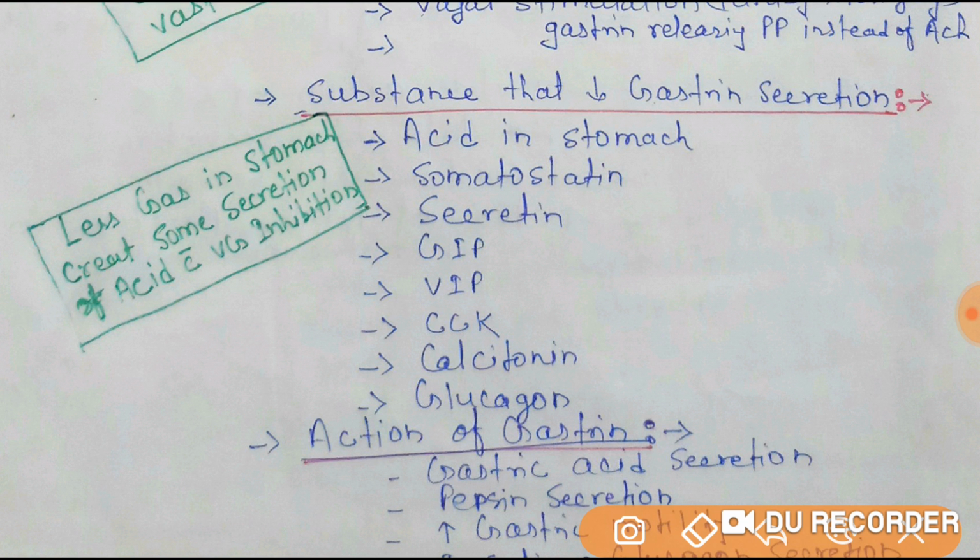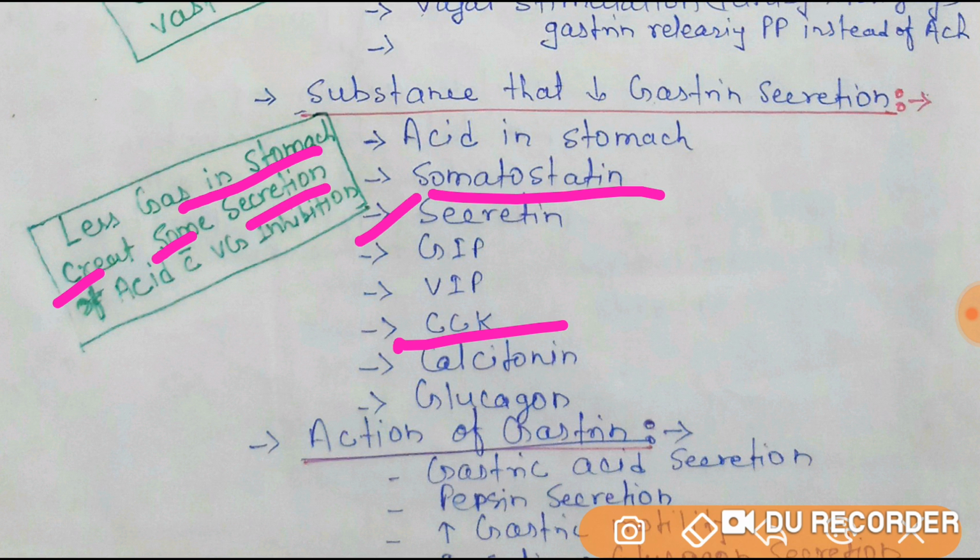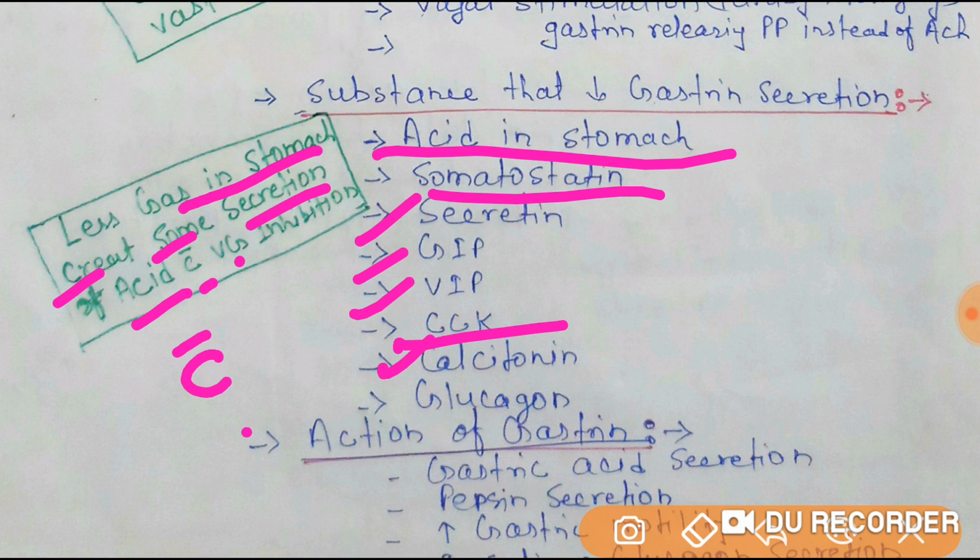Stomach for remembering; create includes CCK, some includes somatostatin, secretion includes secretin, of the acid in the stomach with, that means C with a bar, and C for calcitonin, and VG means VIP and GIP, inhibition means inhibit.